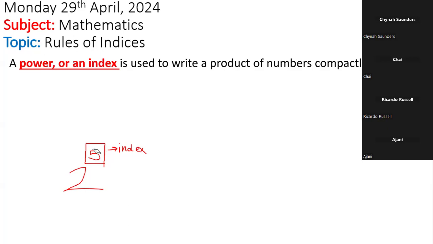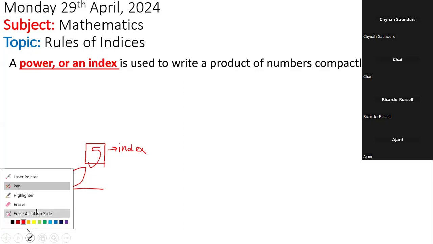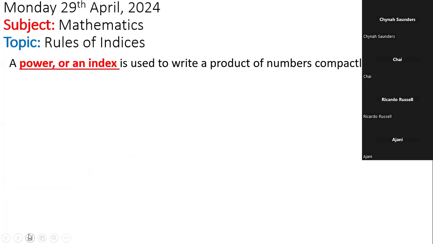So the index or the power is the number that we use to raise the number 2, right? So in this case, 5 is the index, all right? In this case, 5 is the index. So let me erase that.